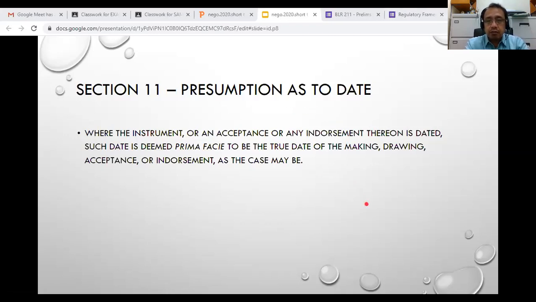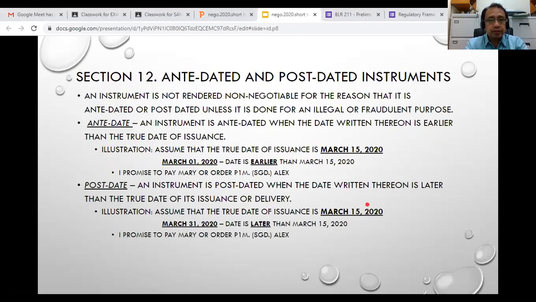Okay? Now, going on further. Section 12, antedating or postdating of an instrument. What is this antedating or postdating all about? The instrument is said to be antedated if the date so indicated is earlier than the true date of the issuance. It is postdated if the date so written in the instrument is later than the true date of the instrument.